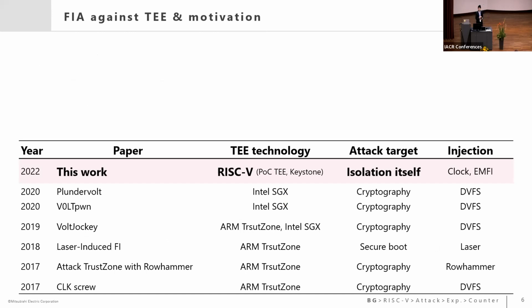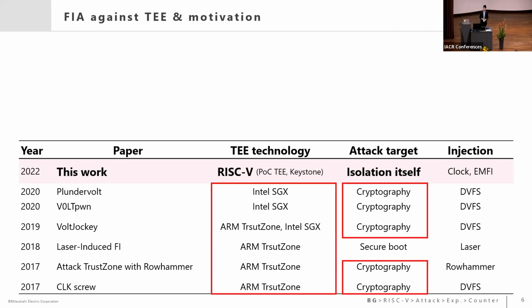This table summarizes the features of existing studies on fault injection attacks on TEEs. This table indicates that most works target cryptography on Intel SGX and ARM TrustZone. So we aim for a different way to attack another TEE technology.